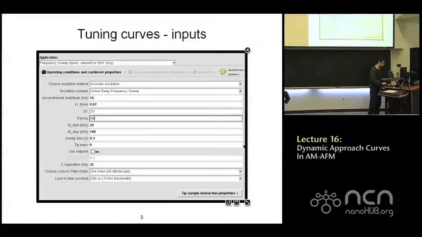We're going to start at a drive frequency of 20 and go up to 100, and that's going to help us sweep over the resonance to identify where it is. And finally, note this: I put in a Z separation of 35 nanometers, so we're far away from the sample compared to the unconstrained amplitude value of 10 nanometers.